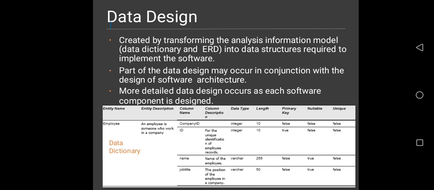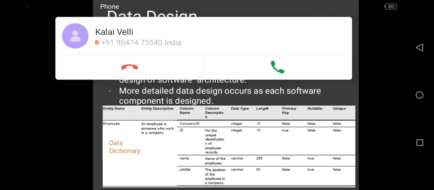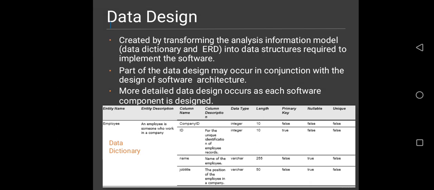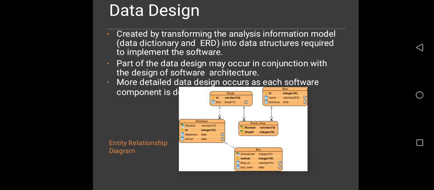So we have seen the four activities in design. If we do one type of design, another design is partially completed. Next, more detailed data design occurs as each software component is designed. Data design is done by data dictionary and ER diagram. ERD means entity relationship diagram, which is used very much.